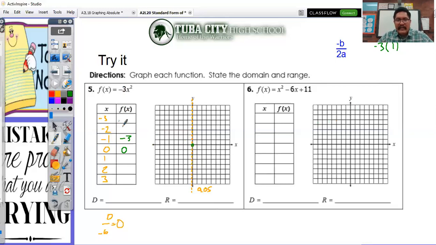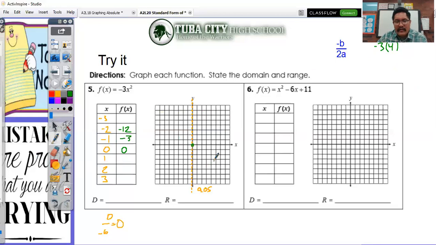Now that means that we have an ordered pair here at negative 3. And we have another one at 2, so I'm going to plug in negative 2. I'm going to erase this. Negative 2, and if I square negative 2, I get positive 4, because remember, a negative times a negative makes positive. So that's why I have positive 4. And negative 3 times 4 is negative 12.